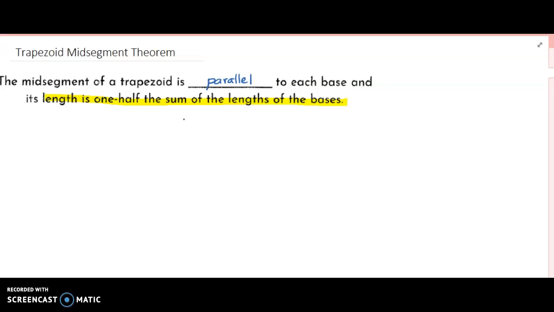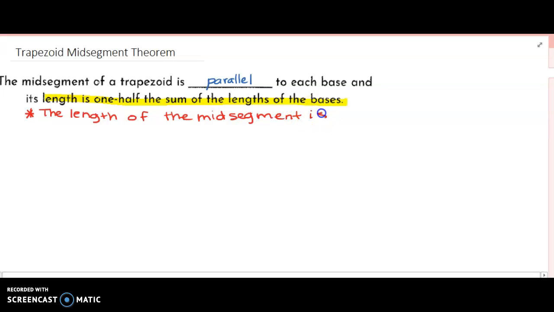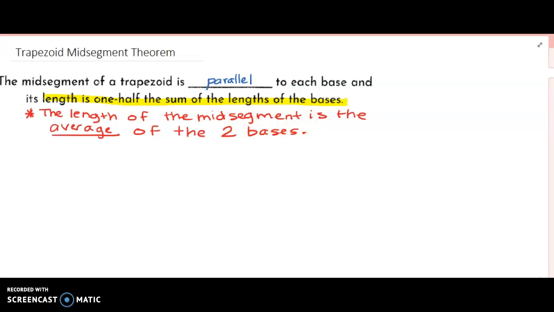That is confusing to a lot of people, so I always write that the length of the midsegment is the average of the 2 bases. And that seems to be a lot easier for people to follow.